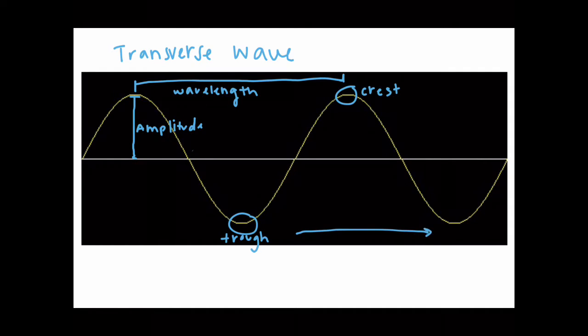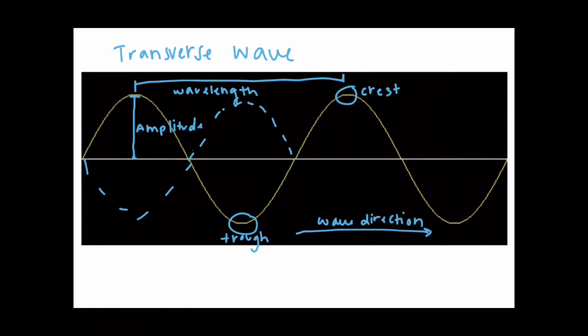So if this was the wave direction, then this wave is going to oscillate like this. It's going to be oscillating up and down while the wave is going to the right, so they're perpendicular to each other.